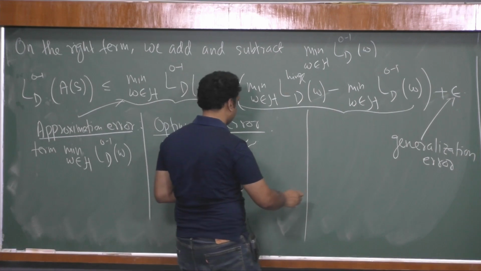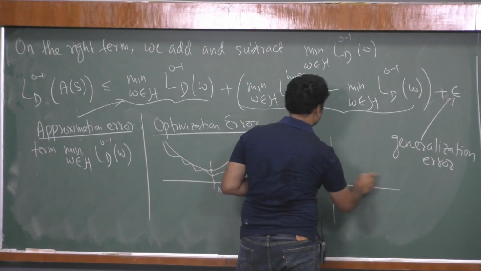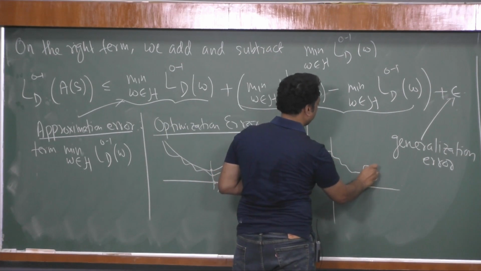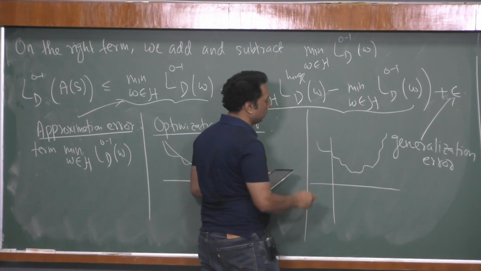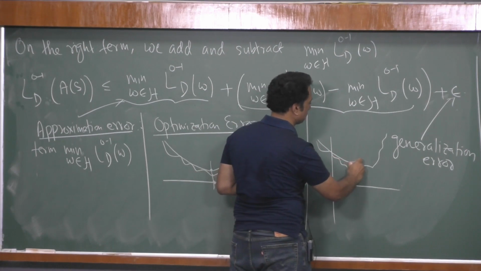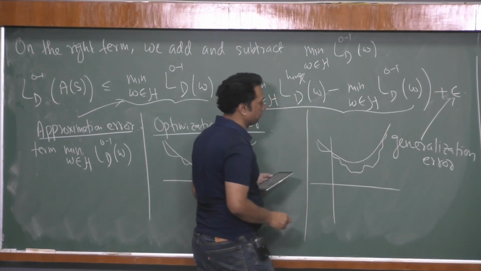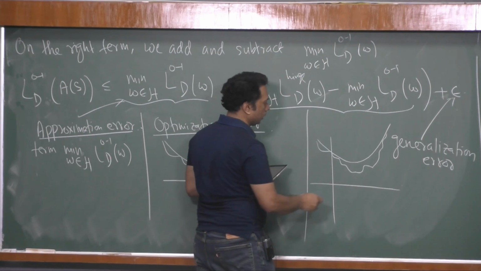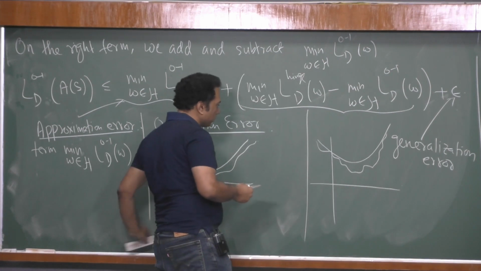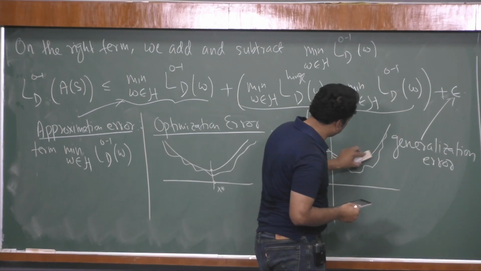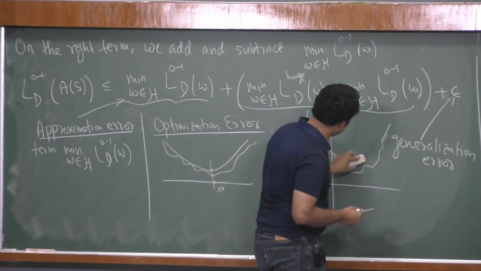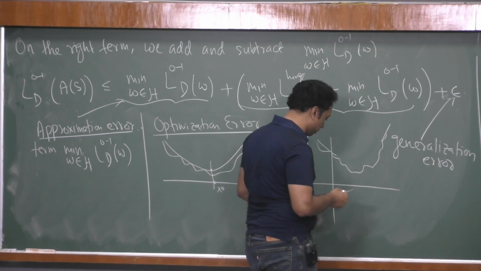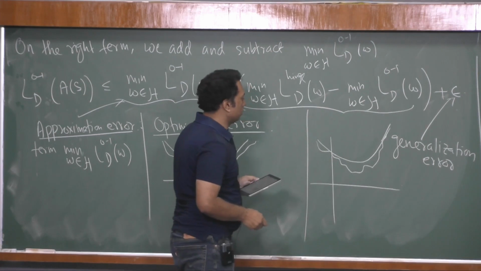Because I may have a non-convex function like that, but then the surrogate that I'm building is like this, and I may have matched the minima maybe here, which I didn't want. So this is my surrogate.